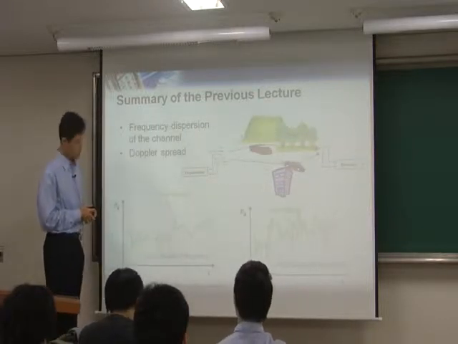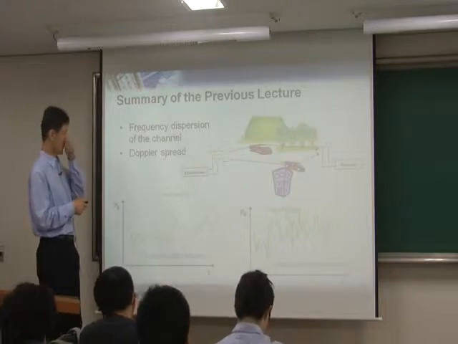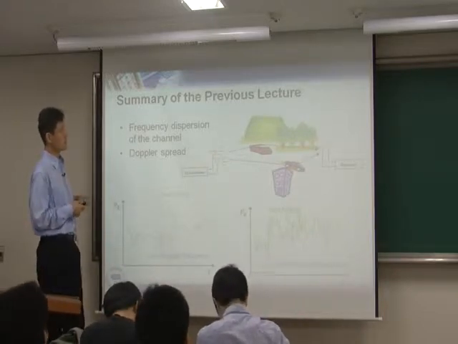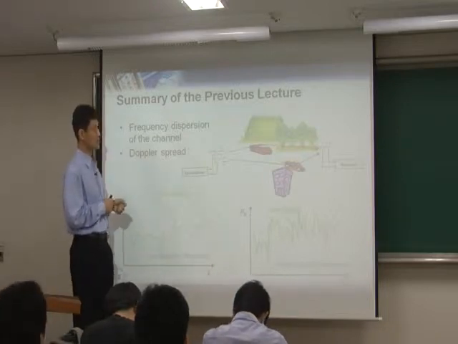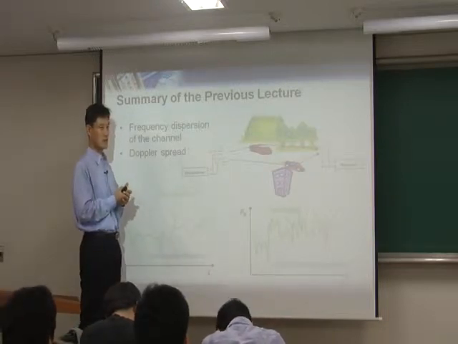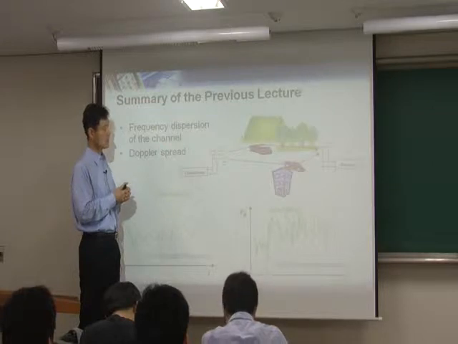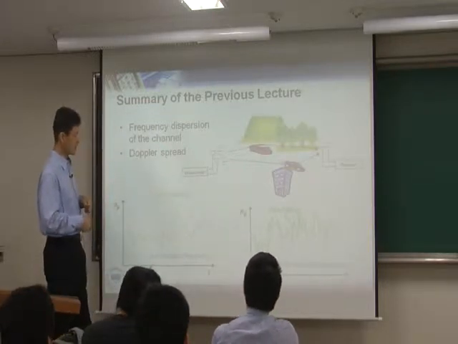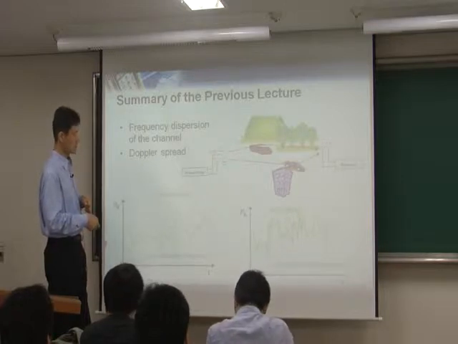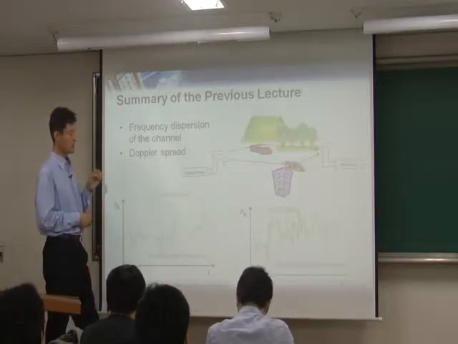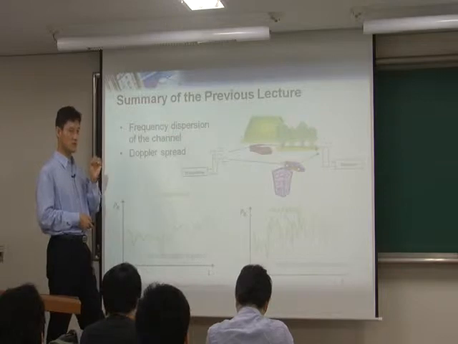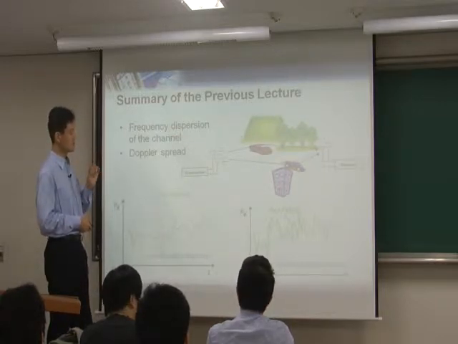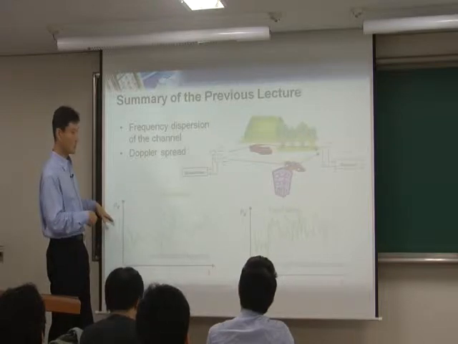Another important thing is frequency dispersion. As you remember, frequency dispersion happens because of the Doppler frequency, right? Because of the Doppler frequency, in time you have a fluctuation. If the Doppler frequency is 0, of course there's no such thing, but suppose it's 0, that means you probably have no fluctuation.